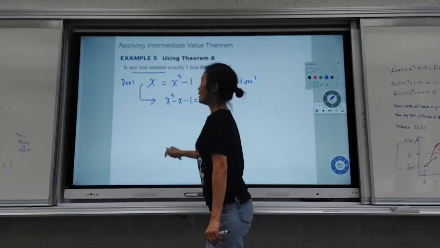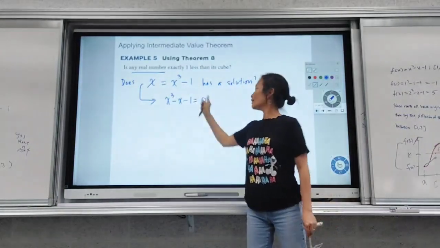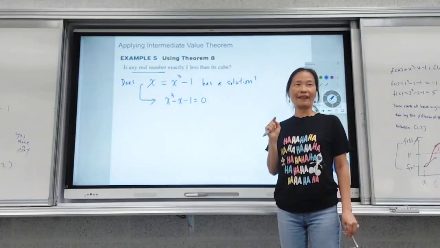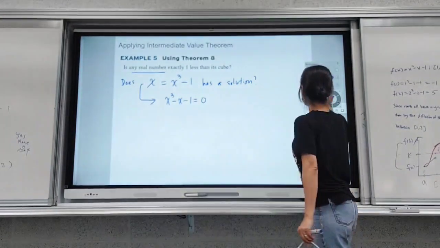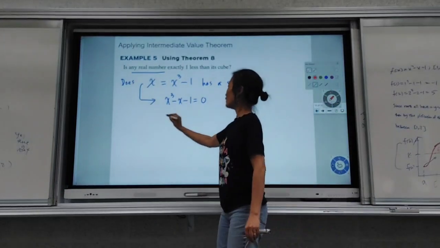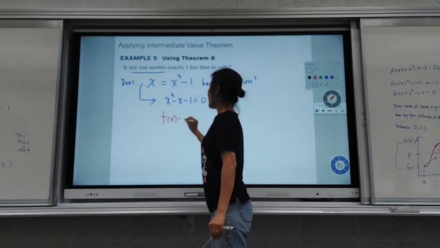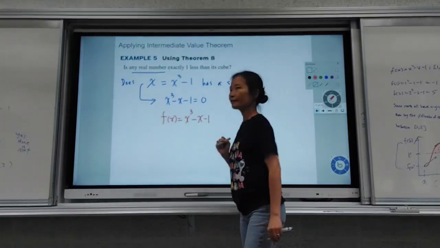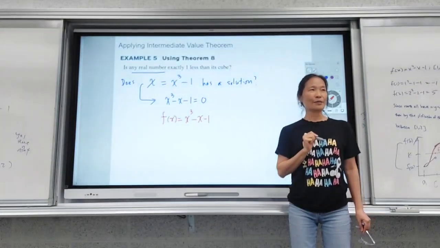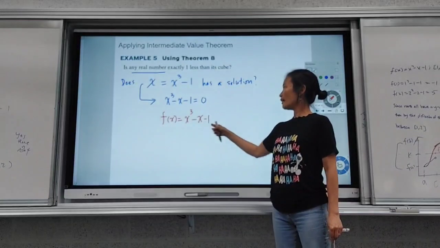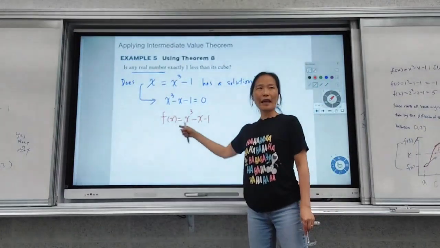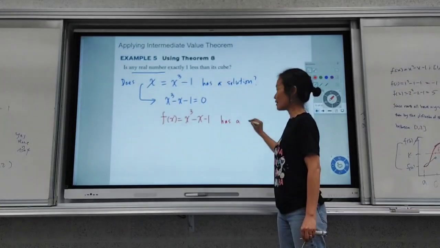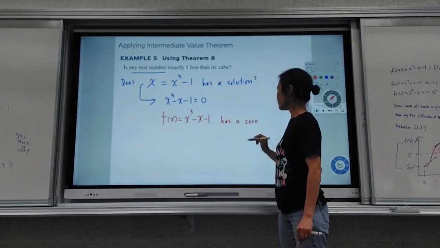And that is the same thing as asking you, does this equation have a solution? You follow? If I change that to a function, I'm going to call the function f of x equals x cubed minus x minus 1. So I can ask you, can you guarantee that function f has a root, has a 0 somewhere?